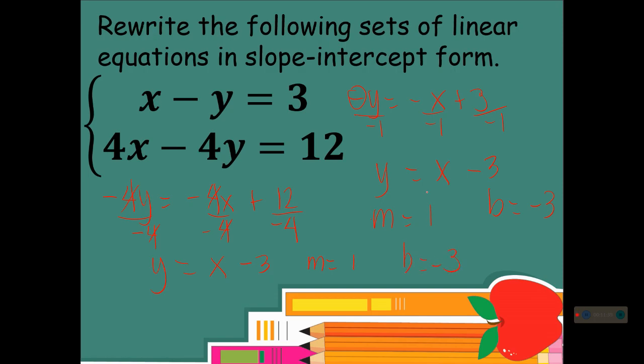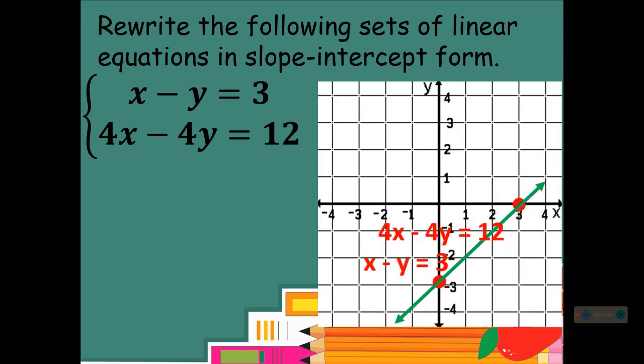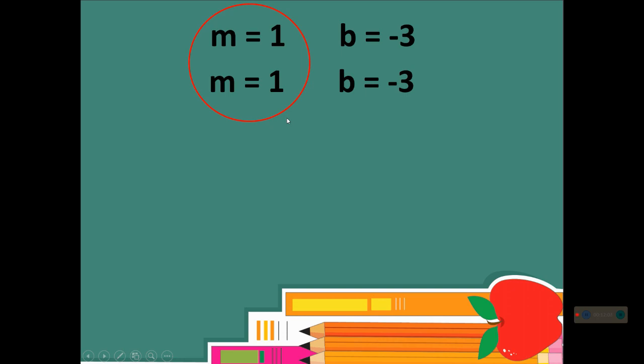Okay, so you have noticed that they are equal, they are the same. Yesterday we had the graph where the two lines coincide, so the lines appear as one. So let's observe again the values of our m and b. What can you say about the values of m?